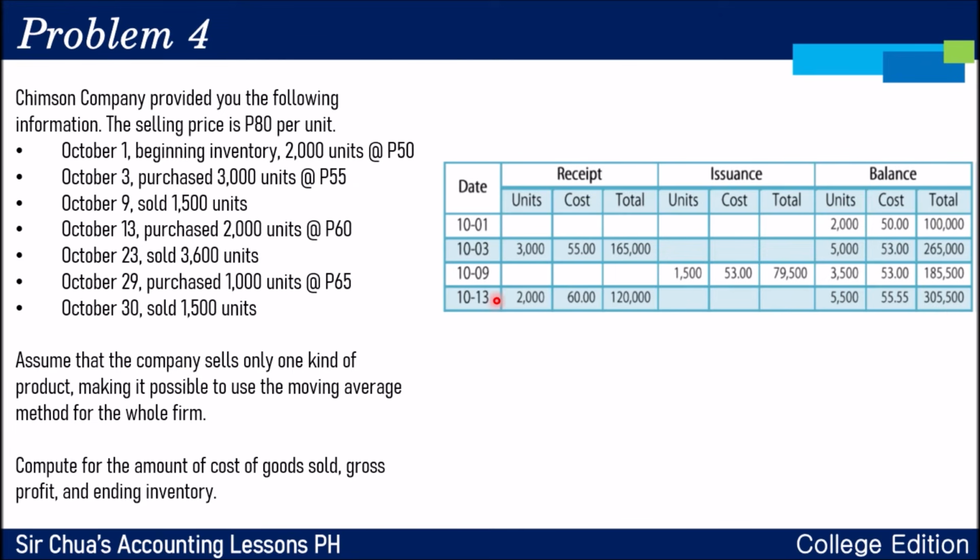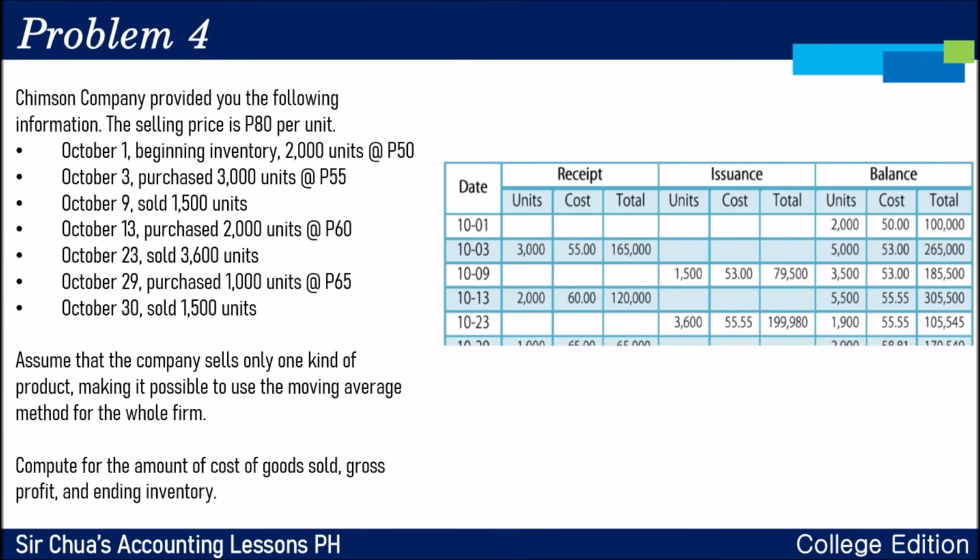Same drill. Dahil meron kang bagong purchase, magko-compute ka uli ng bagong average cost. 305,500 divided by 5,500, 55.55. Kaya nagkaroon ka na naman ng selling or sales transaction na 3,600 units, 55.55 na yung gagamitin mo.